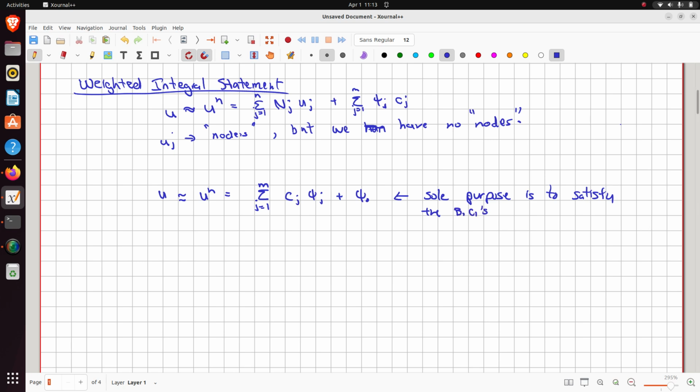I don't mean to imply that this is any different than that up there, because I could have said that j goes from 0 to M, and then C_0 would be 1, and so then we just have phi_0. But I wrote it this way just to point out that this guy is going to satisfy our boundary conditions.